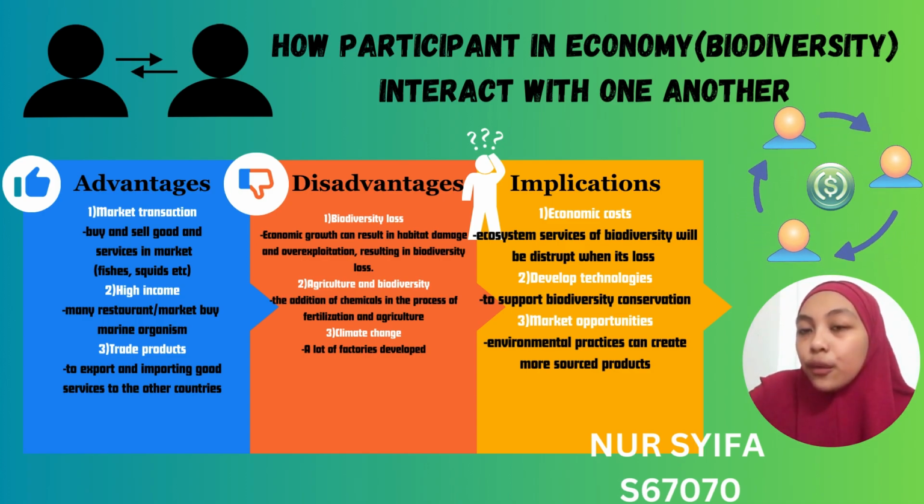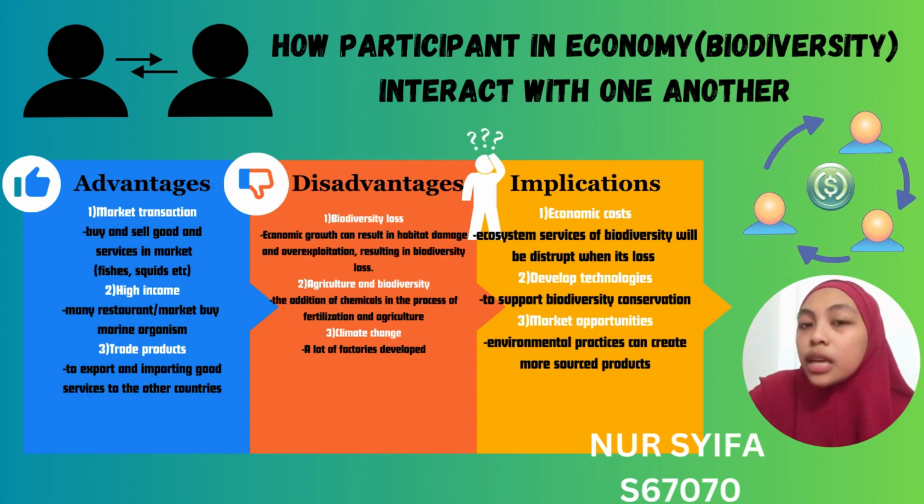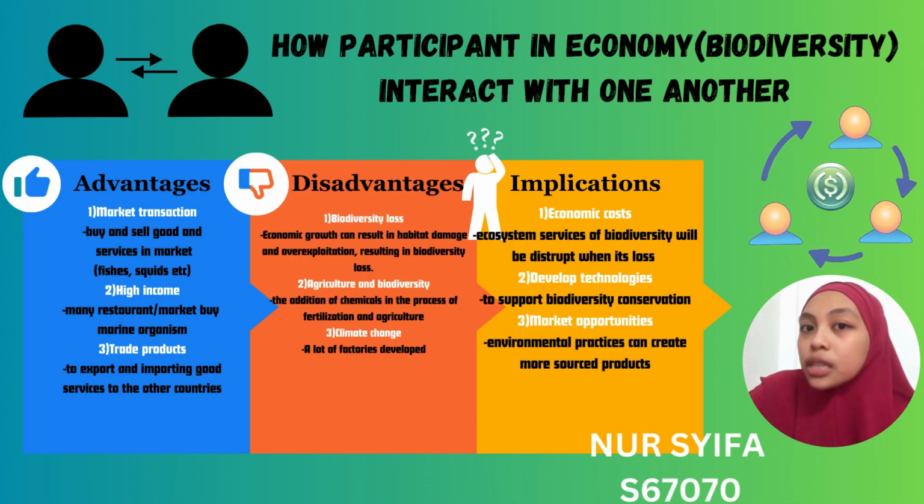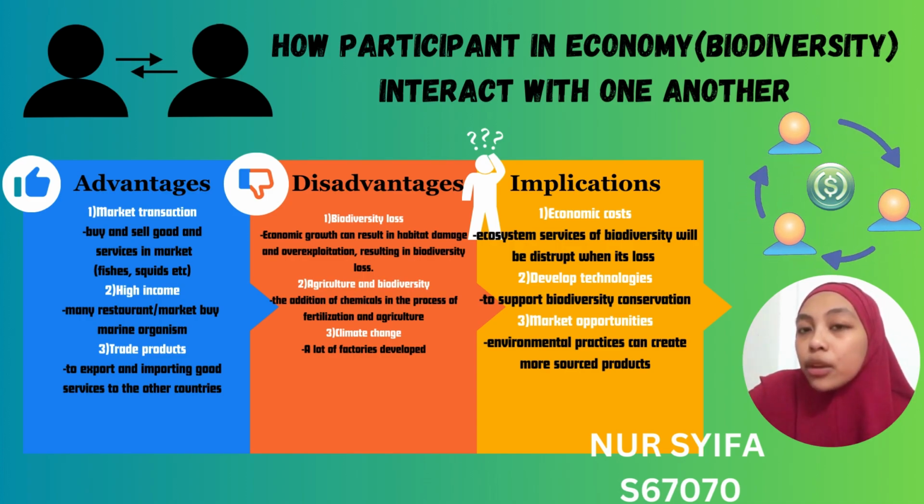Other than that, for the disadvantages, firstly, biodiversity loss. Economic growth can result in habitat damage and over-exploitation, resulting in biodiversity loss. Second, agriculture and biodiversity. The addition of chemicals in the process of fertilization and agriculture means that a lot of small biodiversity, which gives benefits to the land, water and others, will be lost. Third, climate change.